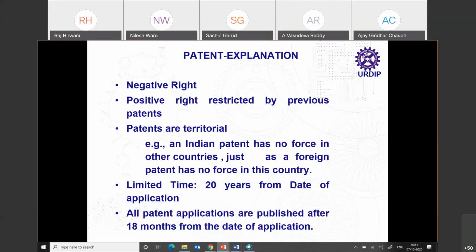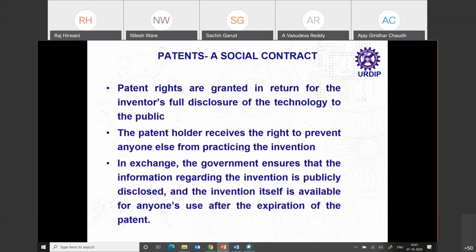So why are patents granted? They are granted to give monopoly to inventors. See, for society to develop, knowledge has to come to the public domain. It gets built brick by brick.